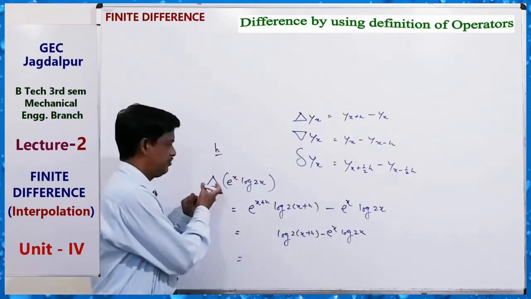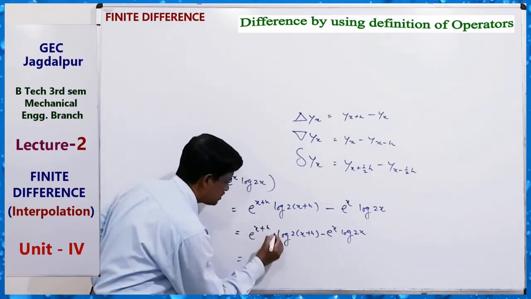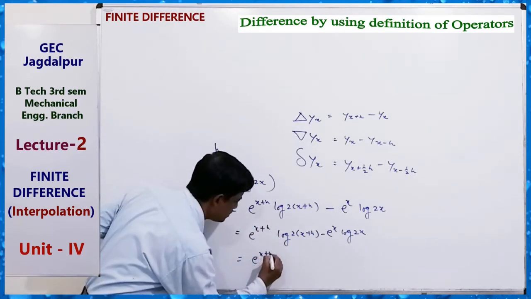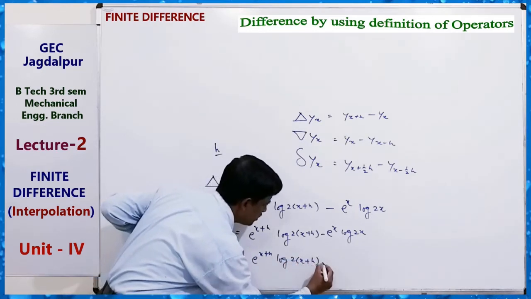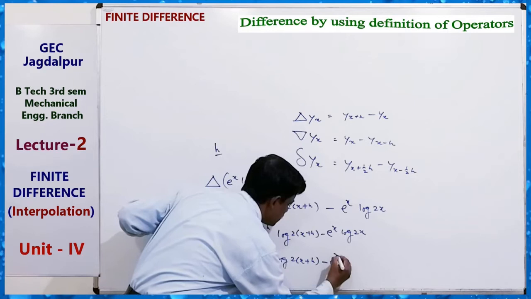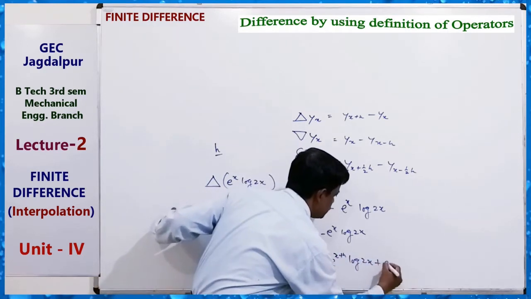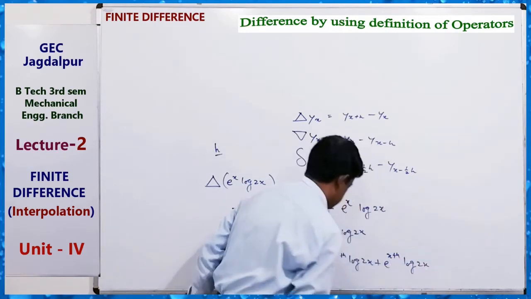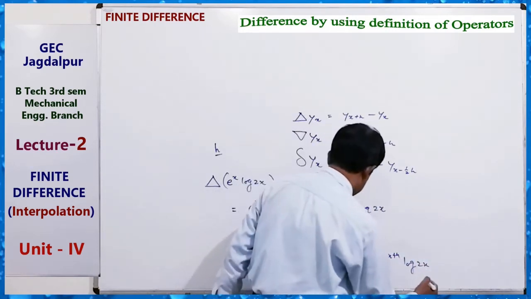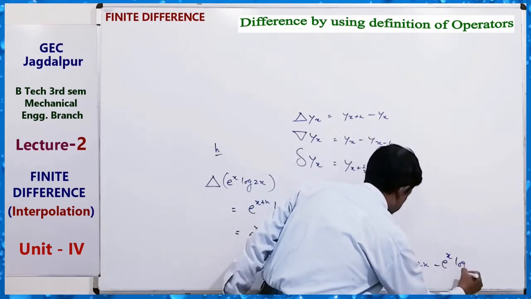Difference means this. Now the only setting here is e to the power (x+h) log of 2(x+h) minus e to the power (x+h) log of 2x, plus e to the power (x+h) log of 2x minus e to the power x log of 2x.